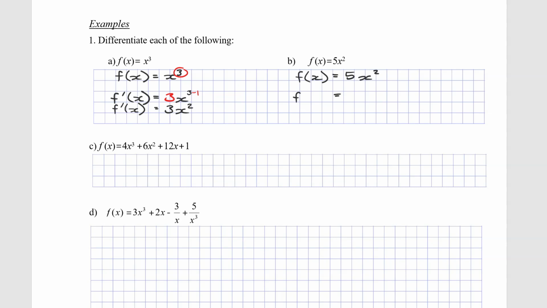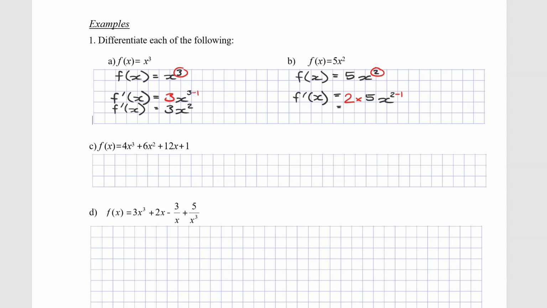Now f dash of x, using our simple power rule, we're going to have the power, the 2 up here, it's going to come down, multiply with the 5, like so. The x will stay there, then it will be x squared, take 1.